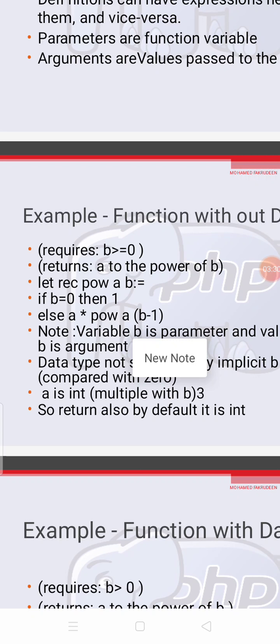If b is equal to 0, then it returns 1, otherwise it returns a into pow of a, b minus 1. So again it will call the pow function inside the function. When a function calls itself, it is called a recursive function.